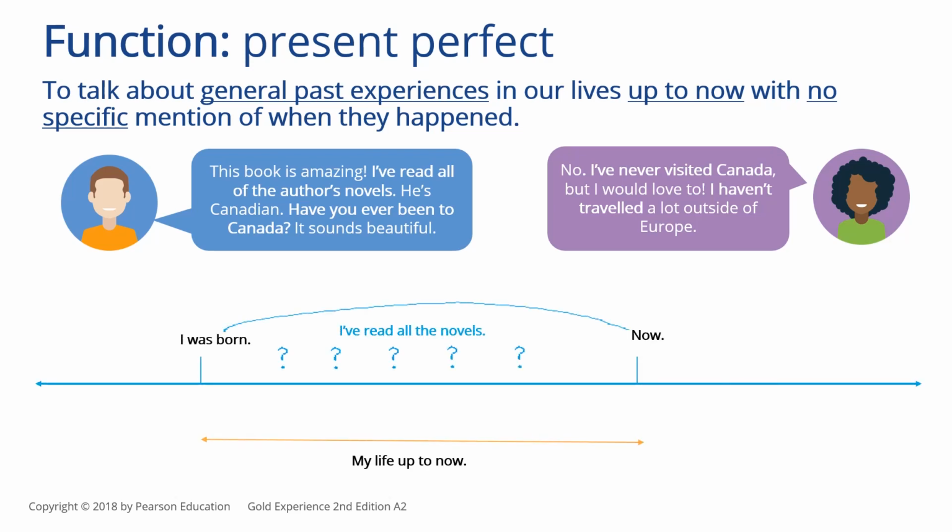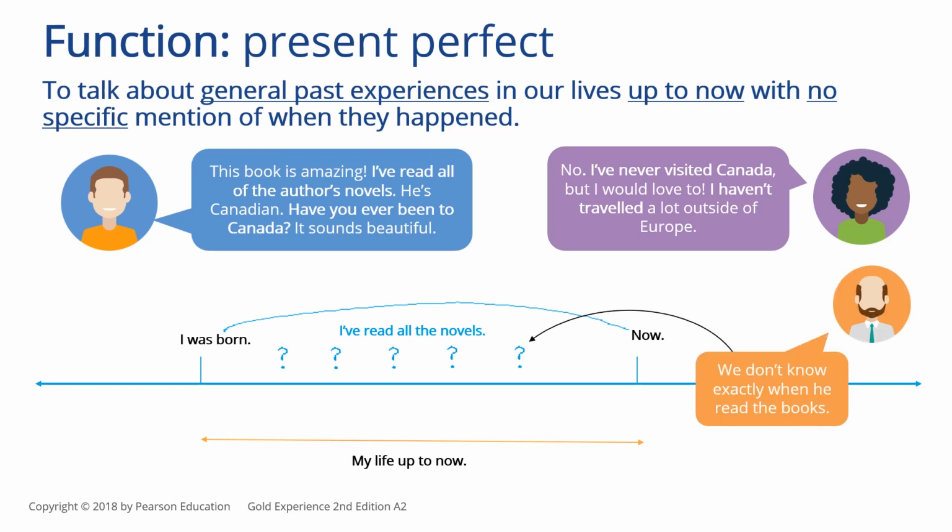You see, this is my life up to now. I was born, and all the novels I've read. We don't know exactly when this boy read the books. The actions happened in the past at some time in his life.